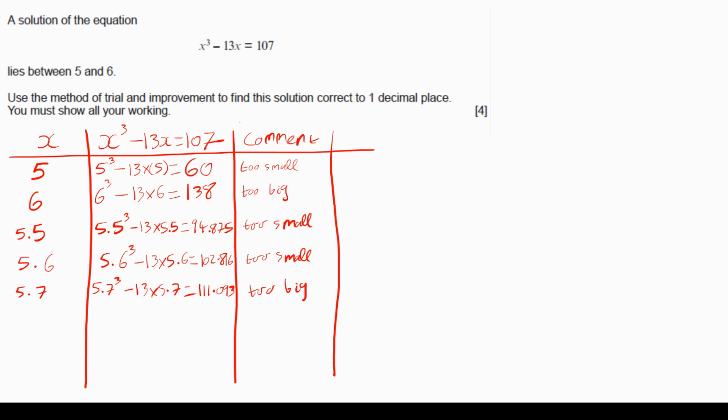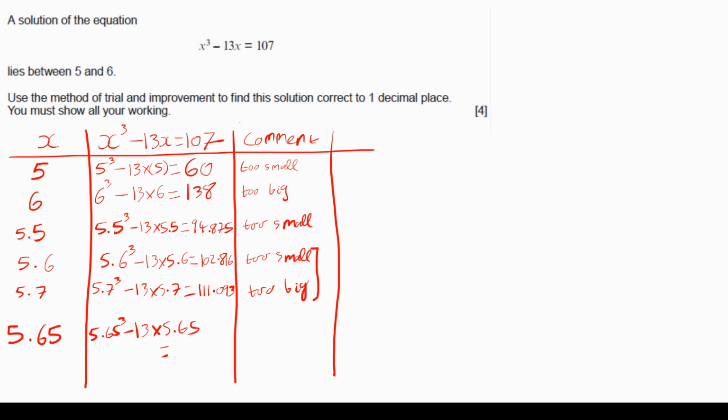So we know that the solution is somewhere between 5.6 and 5.7, but we only want the solution to one decimal place, which we've already got. So either the answer is 5.6 or it's 5.7. And to check, I just substitute in what is halfway, 5.65. So we have 5.65 cubed, take away 13 times 5.65.